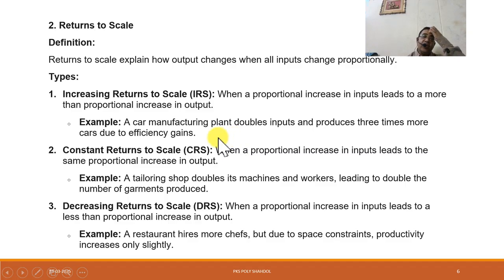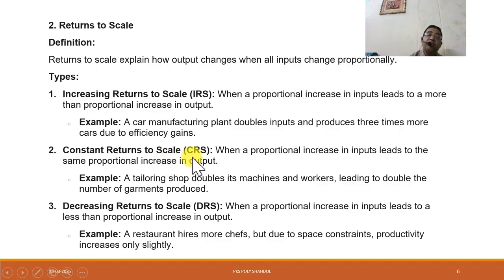Means if experienced workers are there, a little change will affect more. So this is called increasing return to scale.